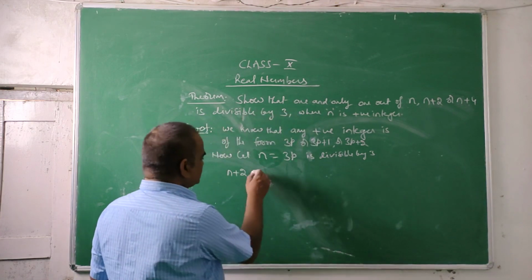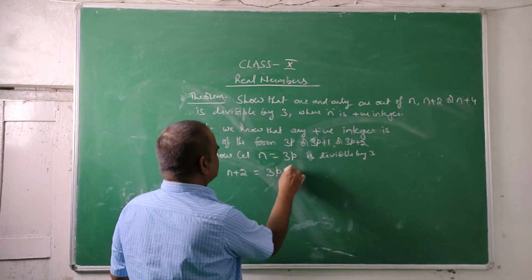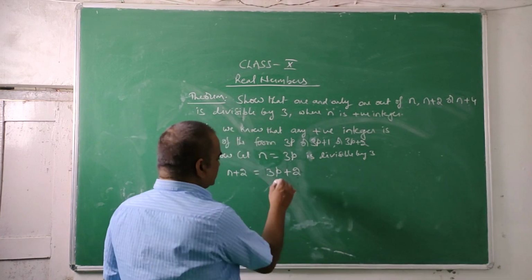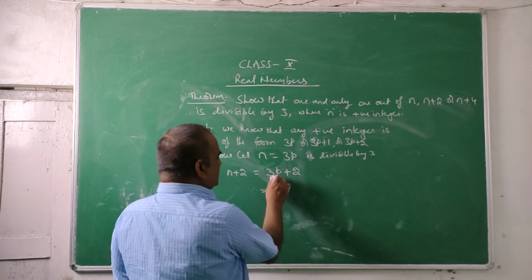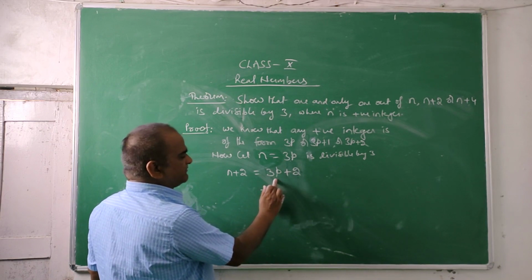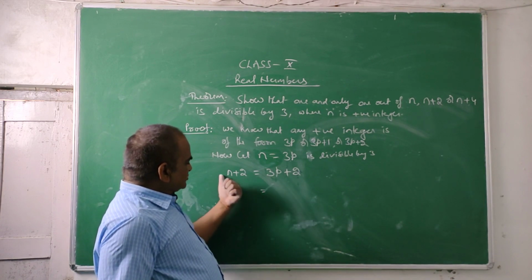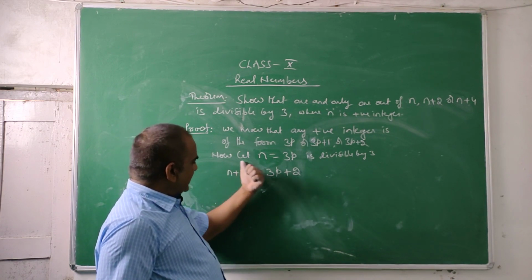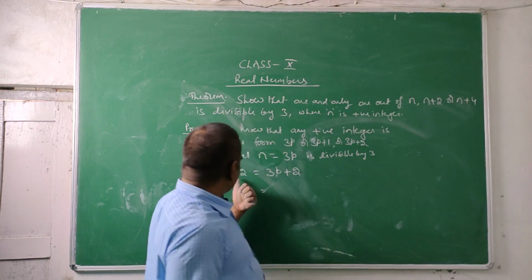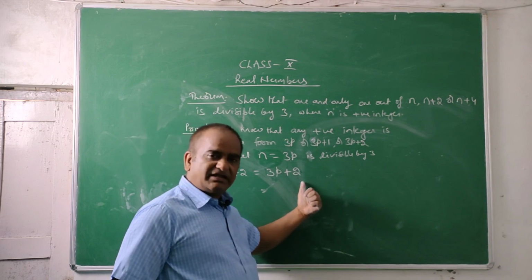So now n plus 2. n plus 2 is equal to, what is n? It is 3p, so it is 3p plus 2. Are you following? Now, if you compare this with Euclid's division lemma, this is a, this is b, this is q, this is r, right?